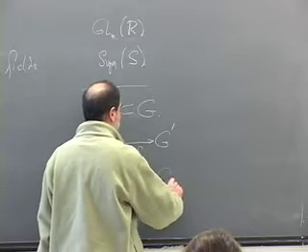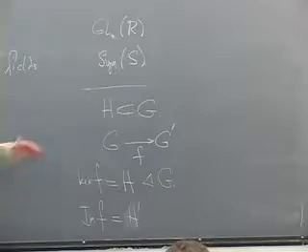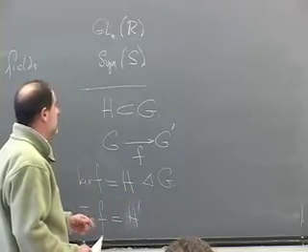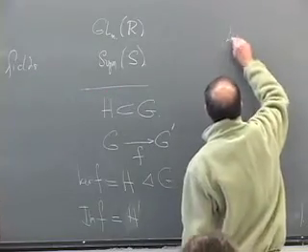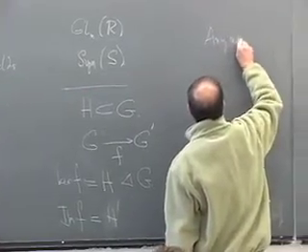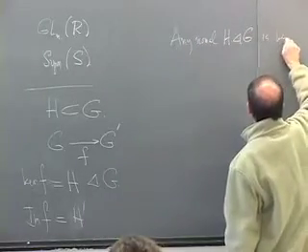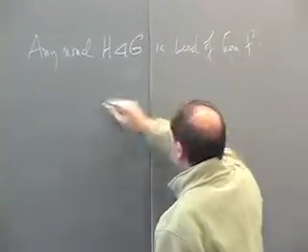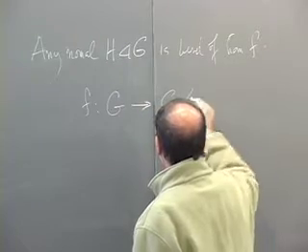And that was the definition of a normal subgroup. And then after this definition of normal subgroup, we showed that any normal subgroup could be defined as the kernel of a homomorphism. That's an important fact. Any normal H in G is the kernel of a homomorphism F, and the homomorphism maps G to the coset space.